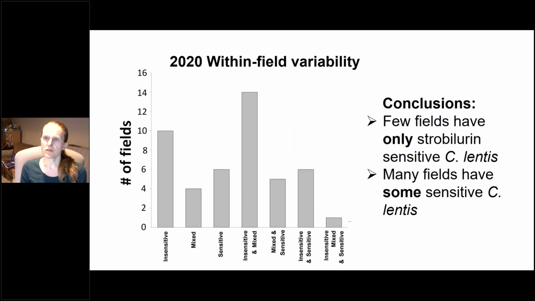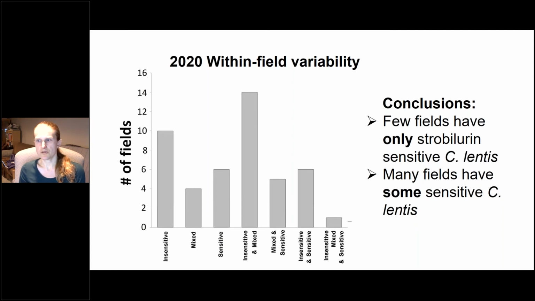Then another aspect of the survey was looking at the variability within fields. So as I mentioned, we analyzed up to 4 sites per field. So this graph is only from fields where there were 4 diseased sites to look at.